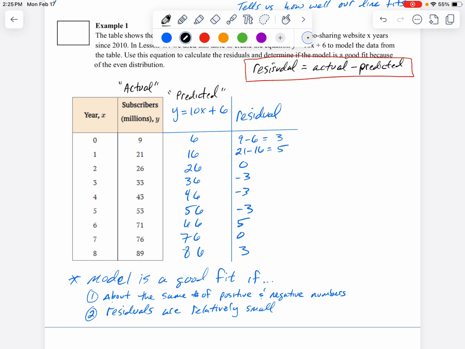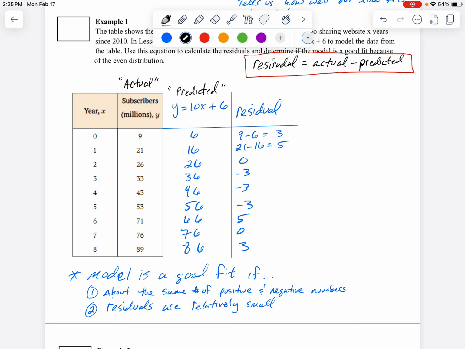We would say, yes, the model is a good fit. And then we will want to say something about how we know.